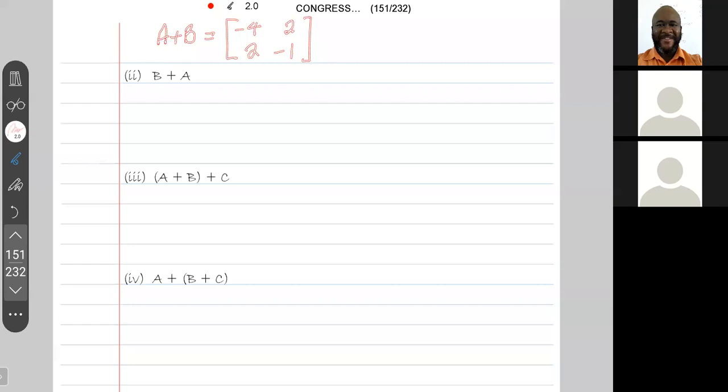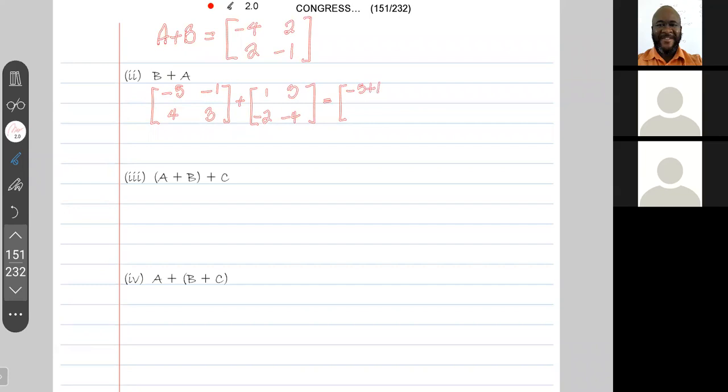So next we're going to do B plus A. So B is the matrix minus 5, minus 1, 4, 3, plus A, which is 1, 3, minus 2, minus 4. So this is going to be minus 5 plus 1.